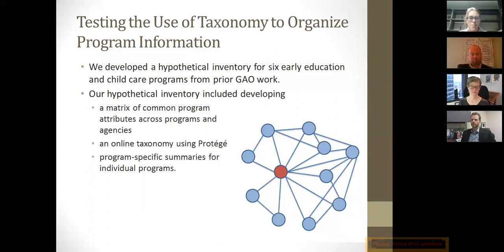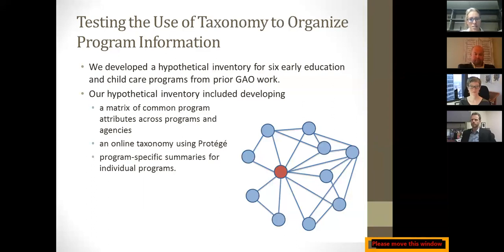So we looked for commonalities across programs, and we had programs that were in different departments, so that way it wasn't just DHS or USAID or Education. It was a variety of departments.